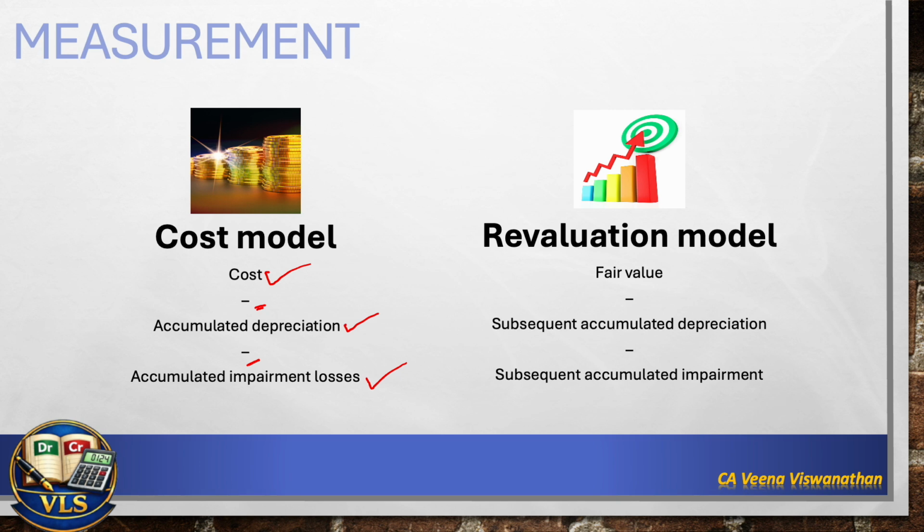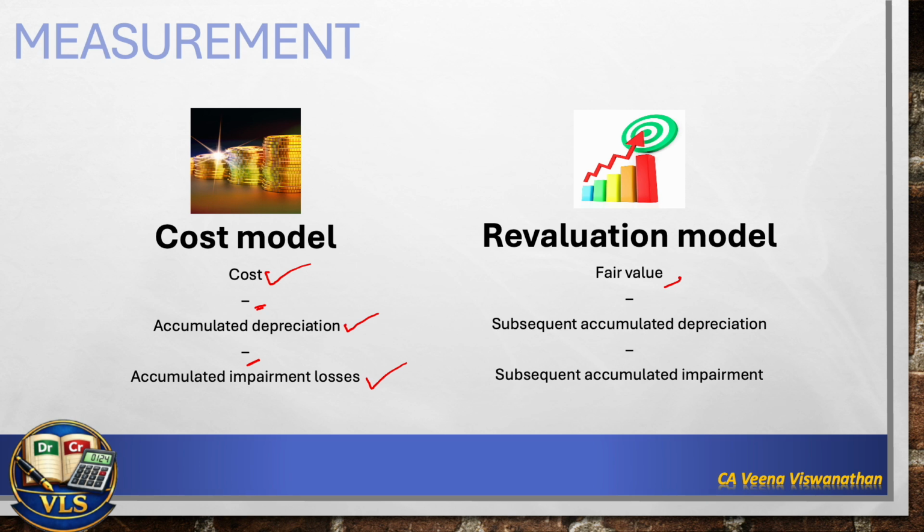The other model is the revaluation model. Under revaluation model, the asset is carried at its fair value, meaning its current market value, and this value is updated regularly. Any increase to this value goes to equity as revaluation surplus, whereas any decrease goes to profit or loss.